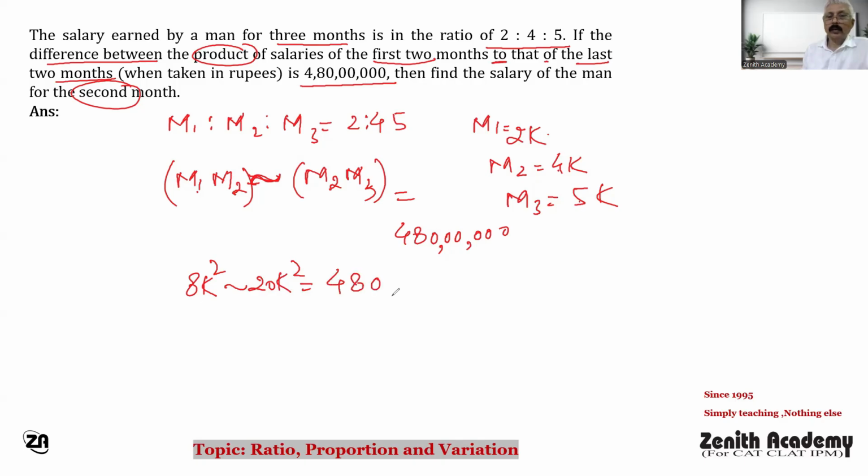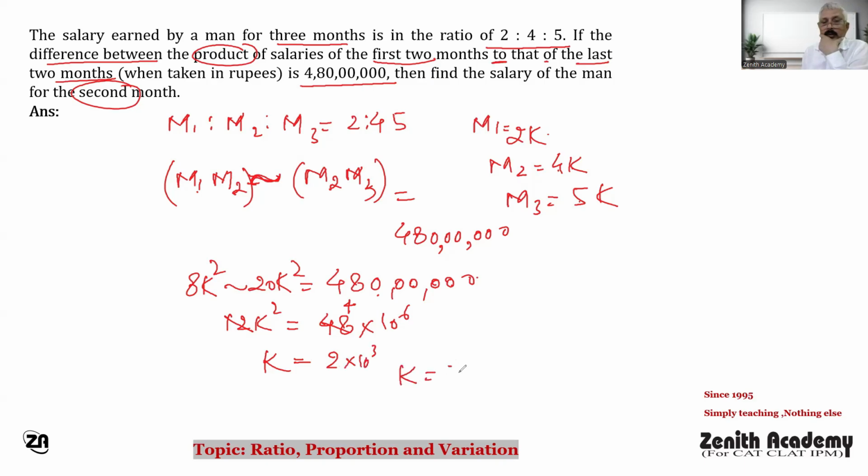The difference is 12K square, which equals 480 into 10 to the power 3. So 12K square equals 480,000, and dividing by 12, K square is equal to 2 into 10 to the power 3 times 2, that is 4 into 10 to the power 6. Means K is 2000.